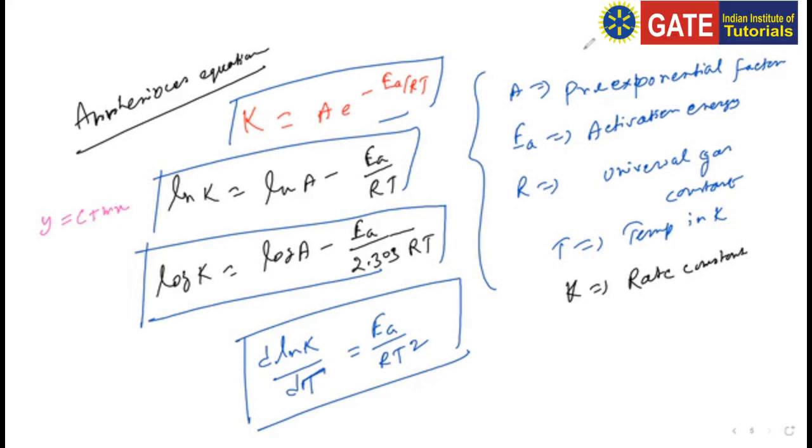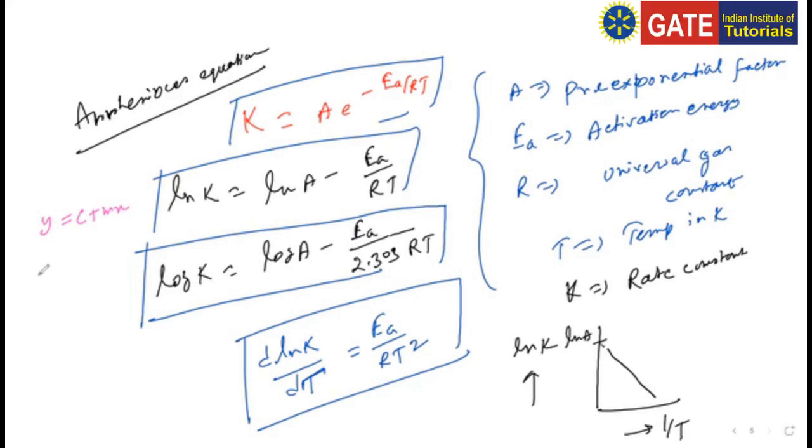If I plot, shall I plot it here? ln K versus 1 by T. This is the ln K. y is equal to c plus mx.